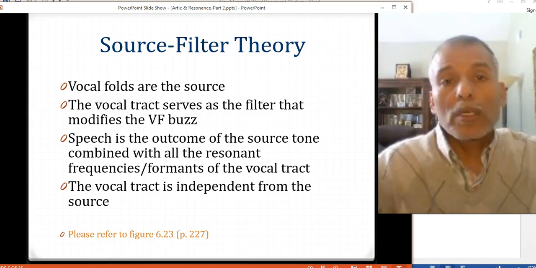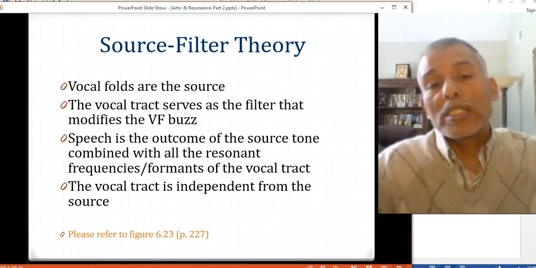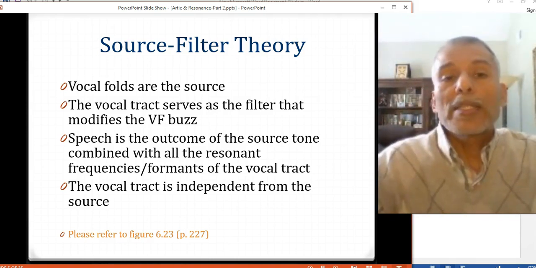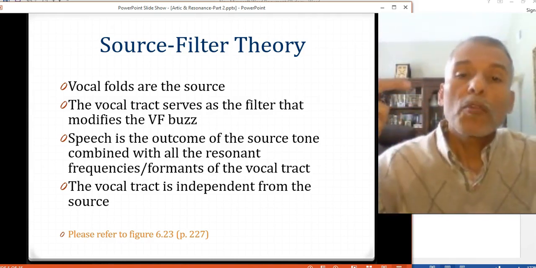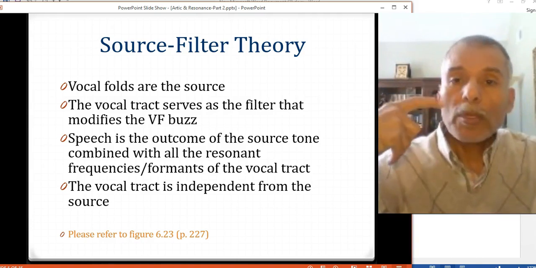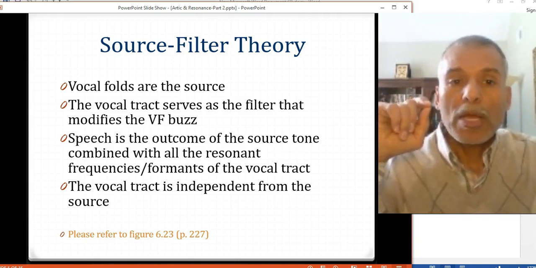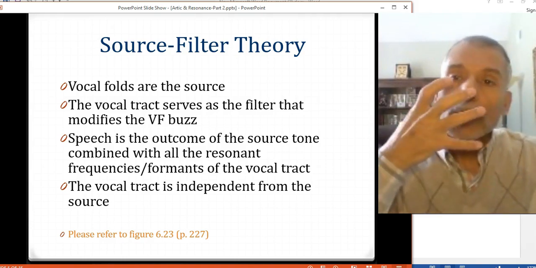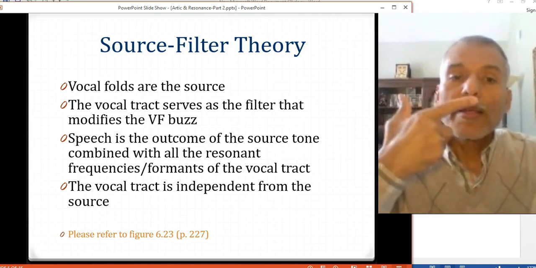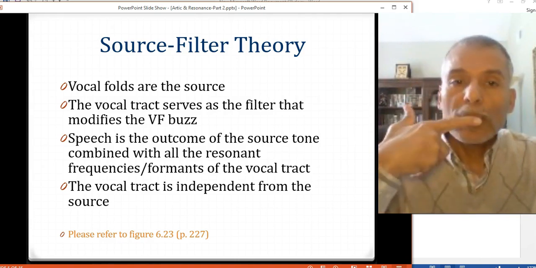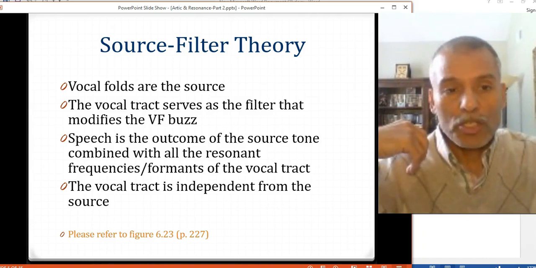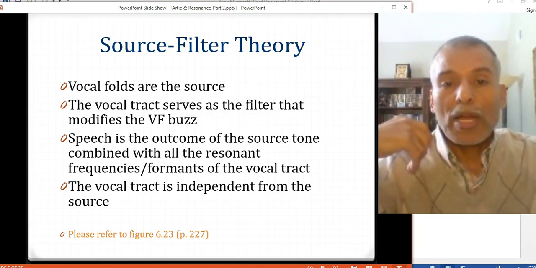So based on the source filter theory, speech, which you hear at the lips, is the outcome of the combination of the source tone, the fundamental vocal pitch tone, and the resonant frequencies of the vocal tract. All of them are combined together, and the outcome is what you hear, that is speech.